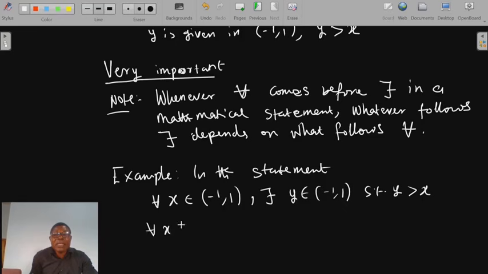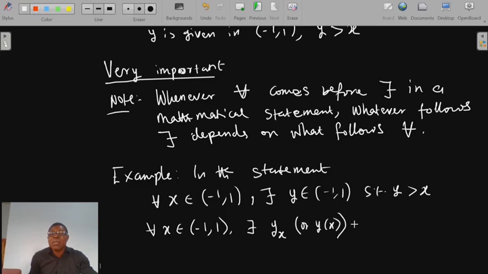For any x in minus 1, 1, there exists y. If I put sub x, this signifies y depending on x. Or I can write y of x in the interval minus 1, 1, such that y sub x is greater than x. This signifies the dependence of y on x.